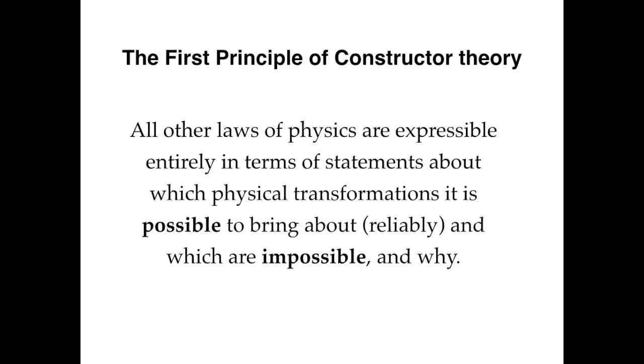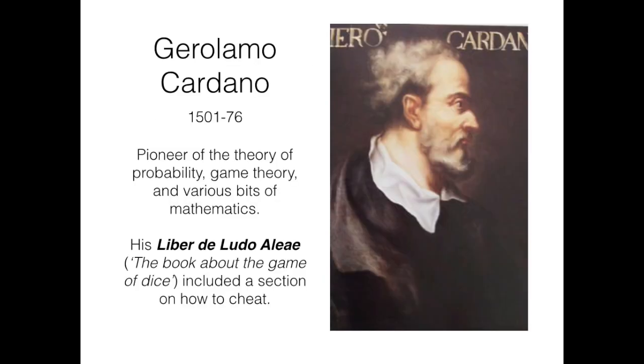The basic mathematical theory of probability, namely certain numbers attached to certain elements of a set which then obey axioms like they all add up to 1, was invented in the 16th century by people who only wanted to win at games of chance. This is one of them, Cardano.